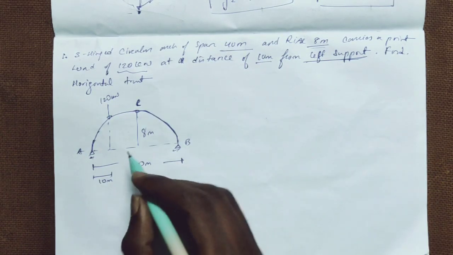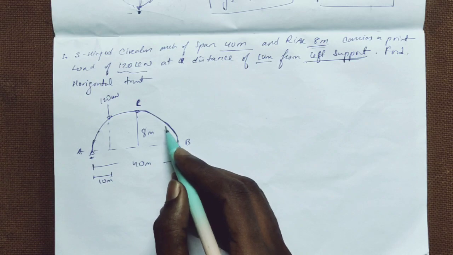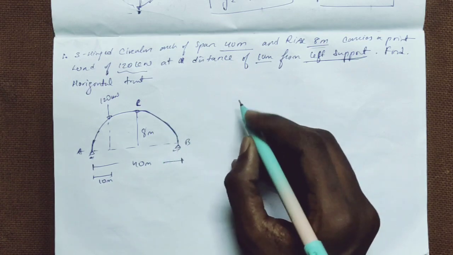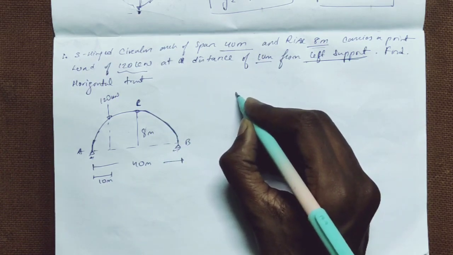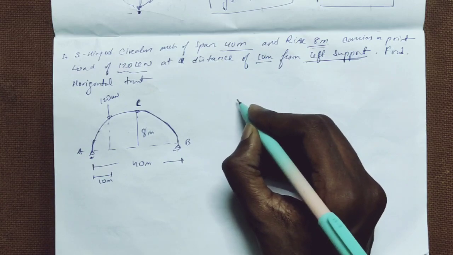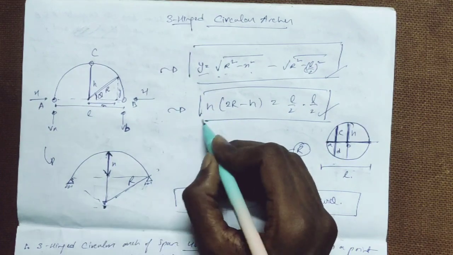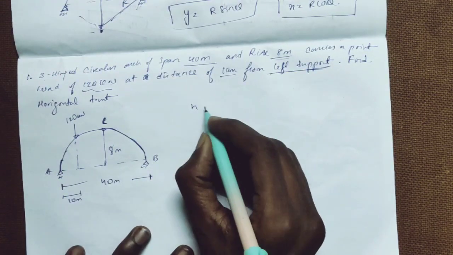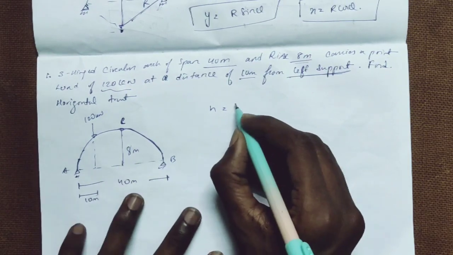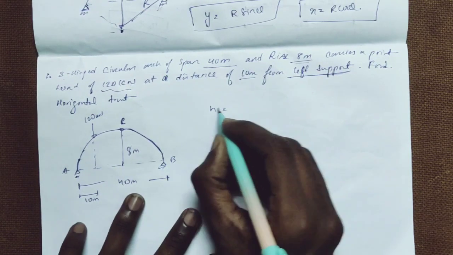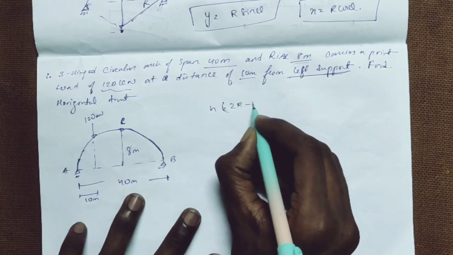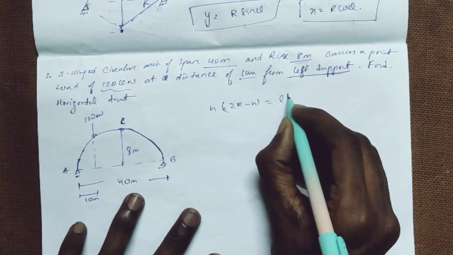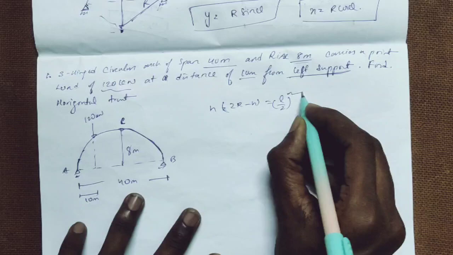Okay, now for this circular arch we don't know the radius, so to find radius we're gonna use the above equation. That is, H into 2R minus H is equal to L by 2 whole square, right?